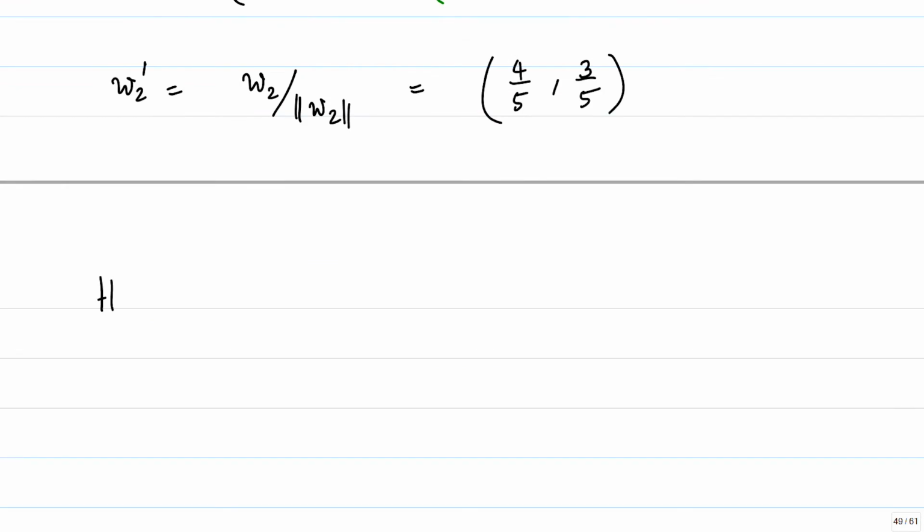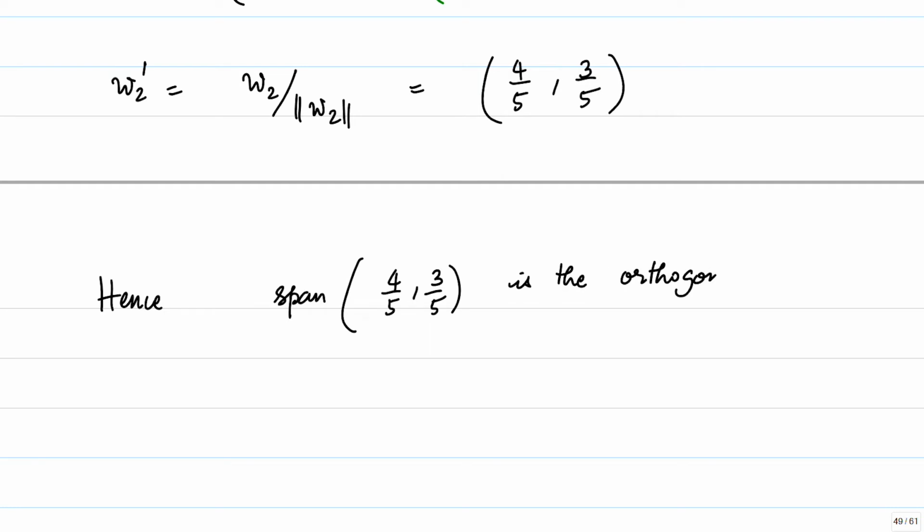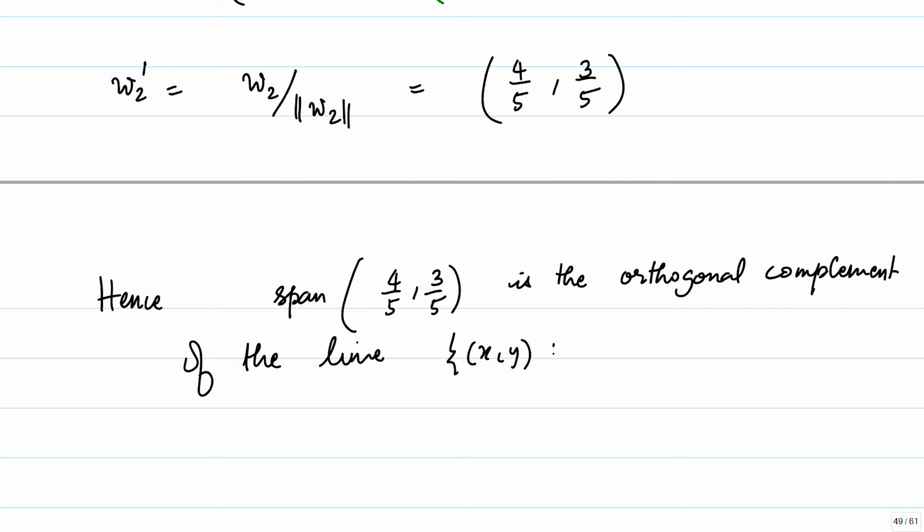So hence the span of this vector (4 by 5, 3 by 5) is the orthogonal complement of the line W, or (x, y) such that 4x plus 3y is equal to 0.